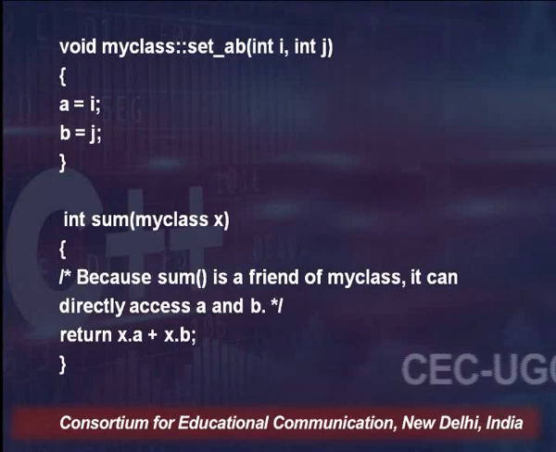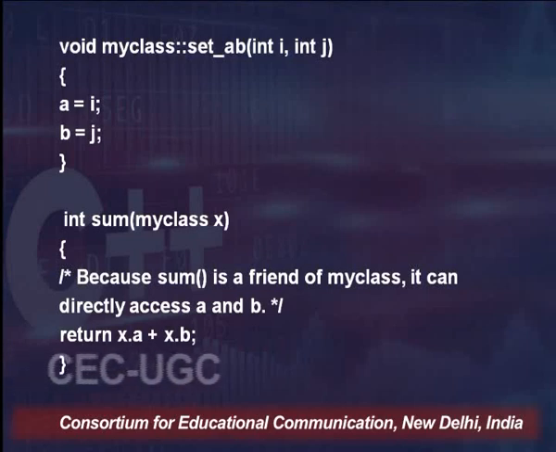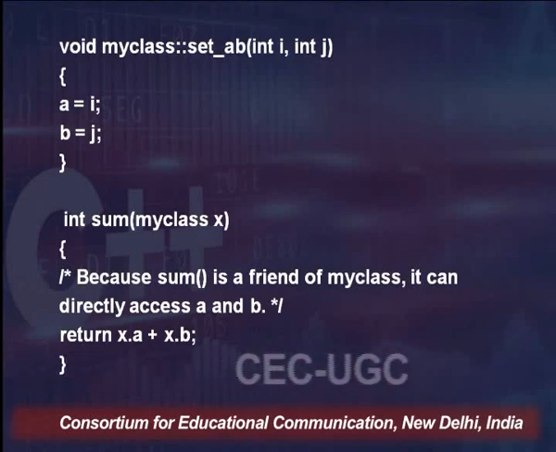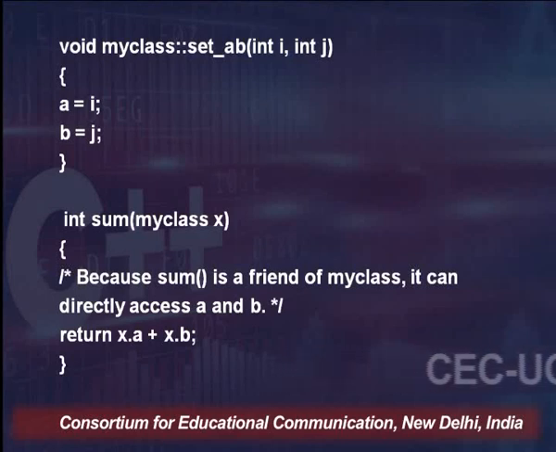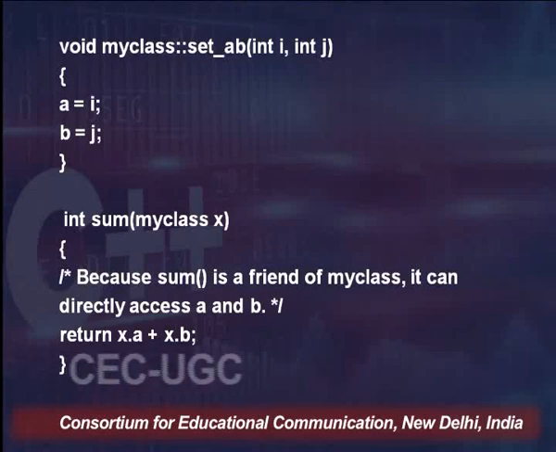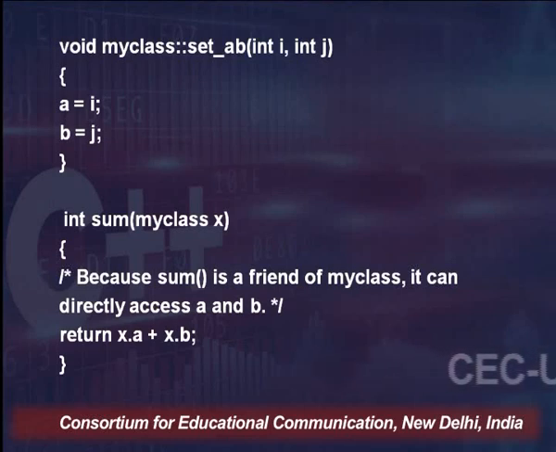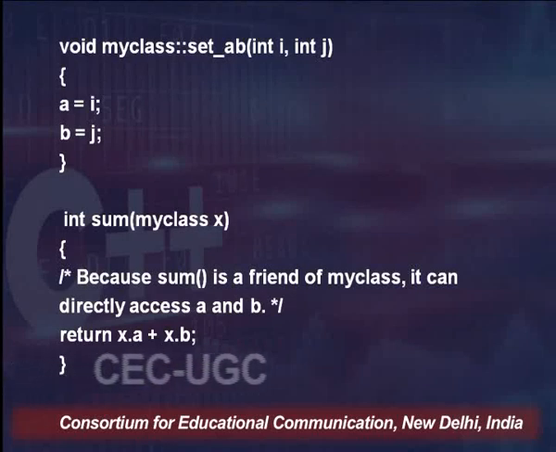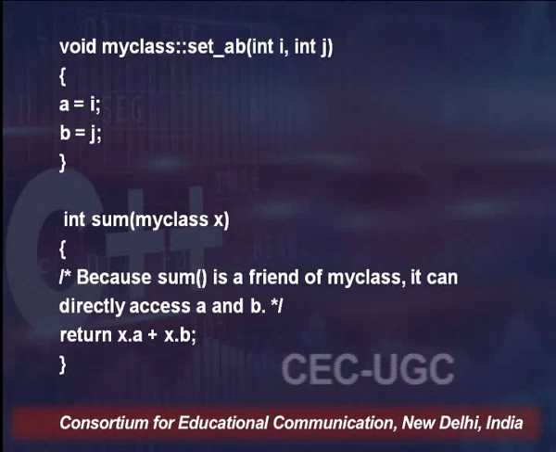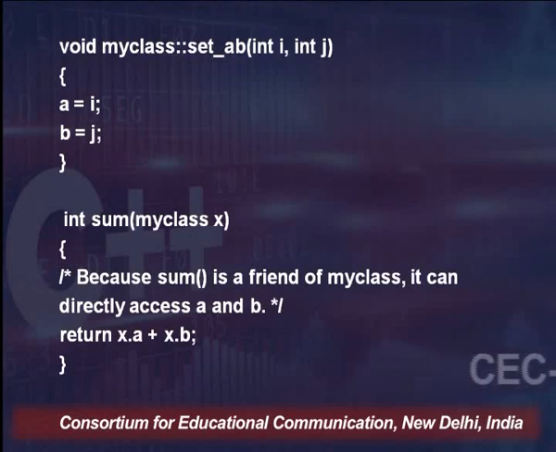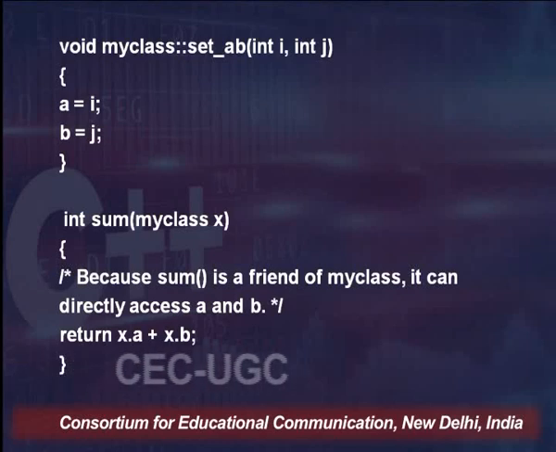Considering the whole signature, set_ab is a member function returning void, and the scope of this member function is the class MyClass. So basically MyClass, then the scope resolution operator, then set_ab with integer i, integer j. This is the way to define any member function outside the class, but the prototype has to be declared within the class.